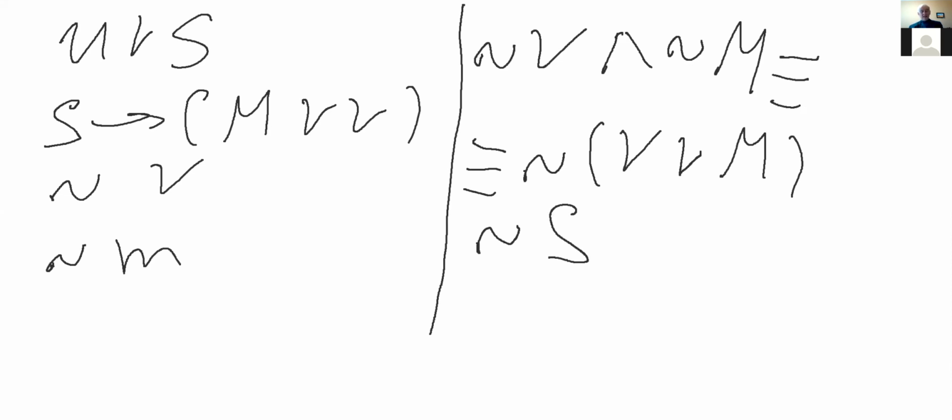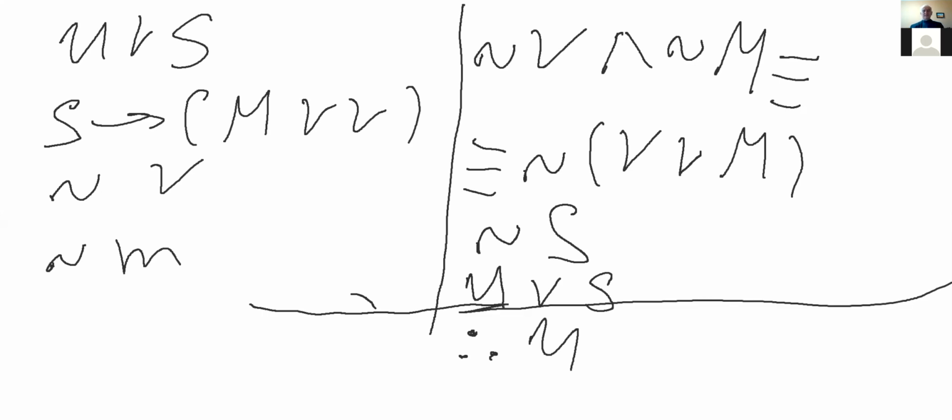Now, again, the generalization rule: we have U or S, but also we know not S. We know U or S, not S. And what is our conclusion? It means U. So you are absolutely right. This is the correct answer: undeclared variable.